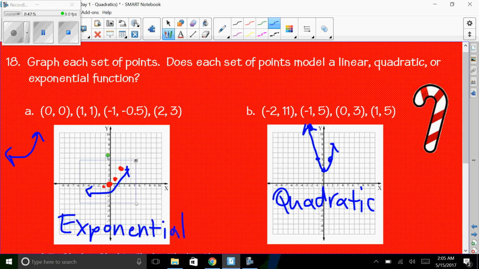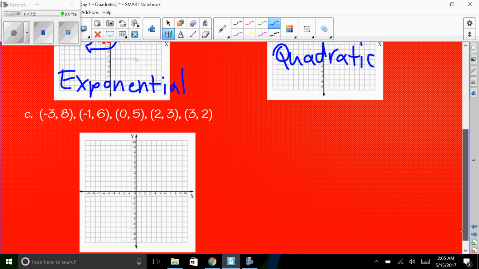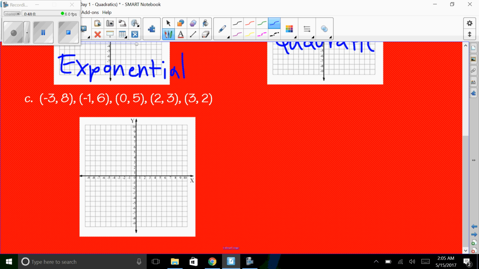Alright, and the last one, negative 3, 8, negative 1, 6, 0, 5, 2, 3, and 3, 2. Looks like it has a constant slope, so that one's going to be linear.